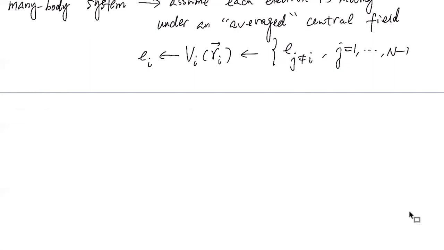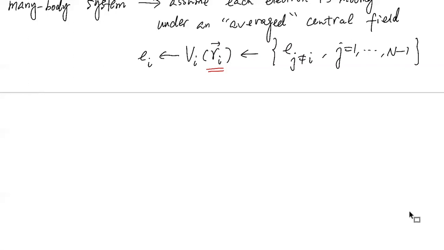It depends on the n-1 electrons. So explicitly, you can simply write this potential function as a function of the position of the ith electron. But physically, this potential is actually determined by averaging the interaction of this electron and all of the other electrons in your system, in your atom or in your molecule. Okay.